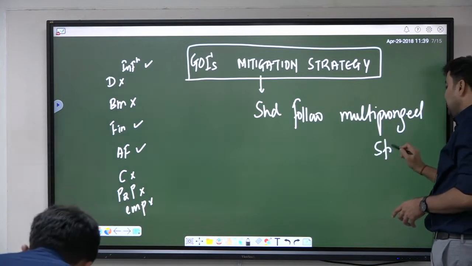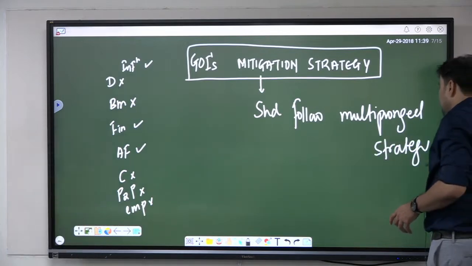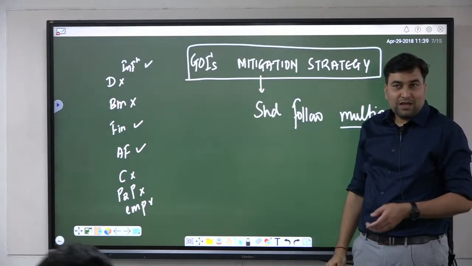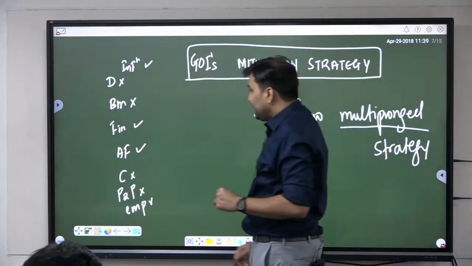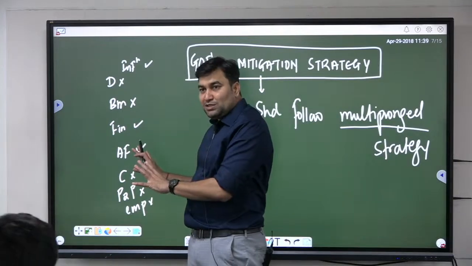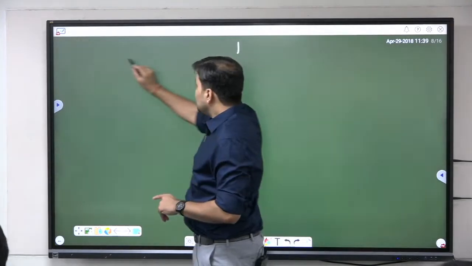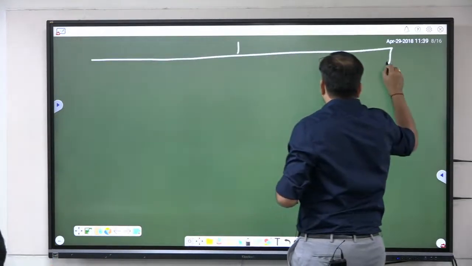Why should it follow a multi-pronged strategy? Because the problem itself is multidimensional. Since you have understood this, you have to take various measures in the following areas.